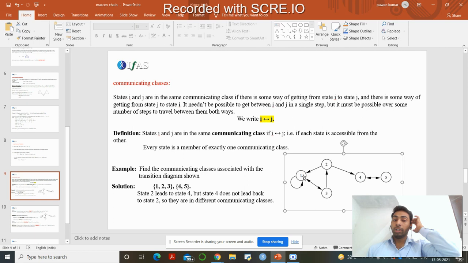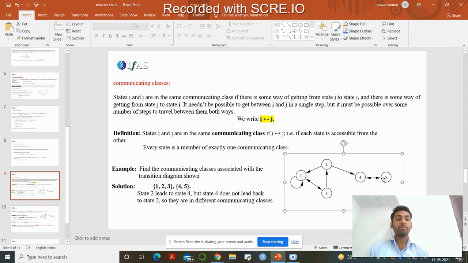So 1, 2, 3 are all communicating, because if I go from 1 to 3, 3 to 2, 2 to 1, we come back to 1. But if I go 1, 3, 2, 4, we can't come back because 4 is not accessible to 2.